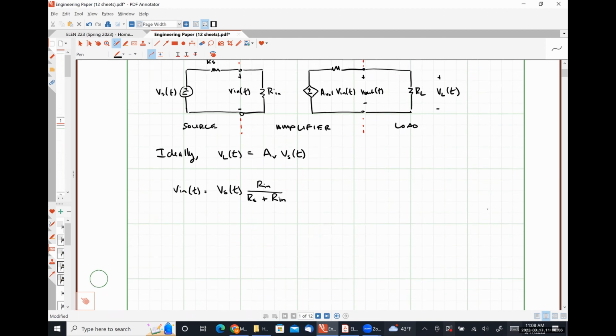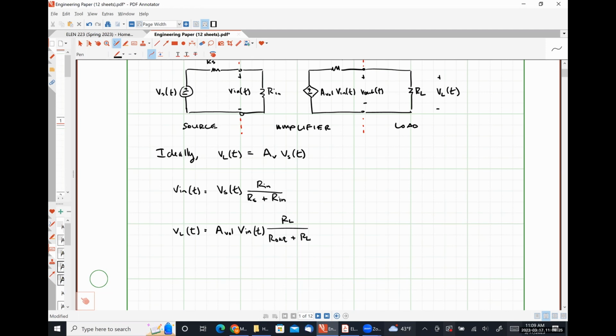I can also write a voltage divider equation for the right-hand side of my circuit, where VL of t is going to be AVOL times VN times RL over R out plus RL.